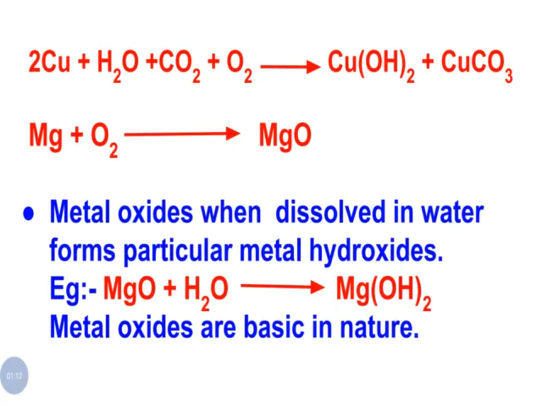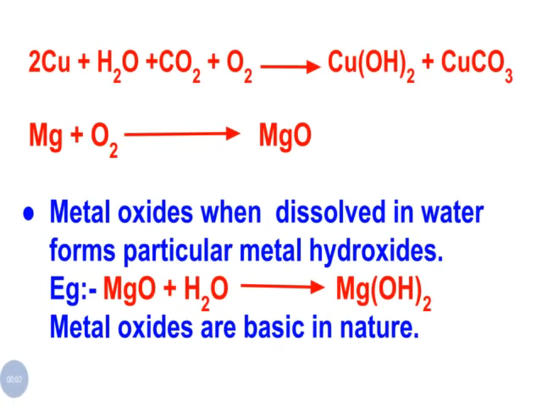Magnesium metal normally we use, and when magnesium burns in air, it forms magnesium oxide. These ashes, you can see that as ashes, and when these ashes are dissolved in water, it forms magnesium hydroxide. And the specialty is this magnesium, when it burns in air, it burns with a white color flame.